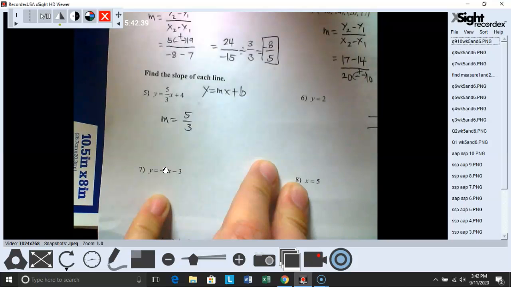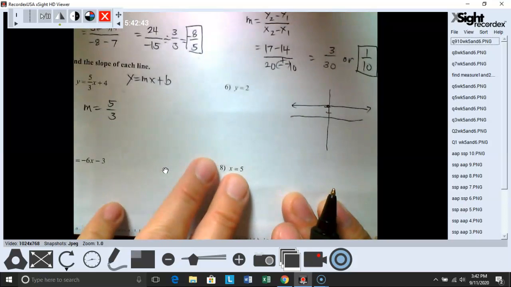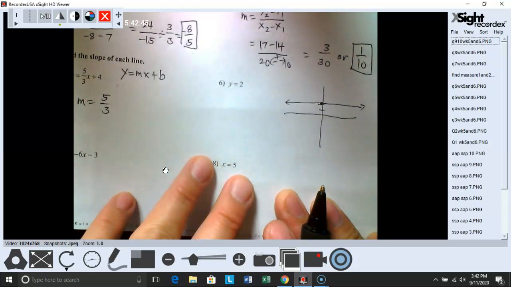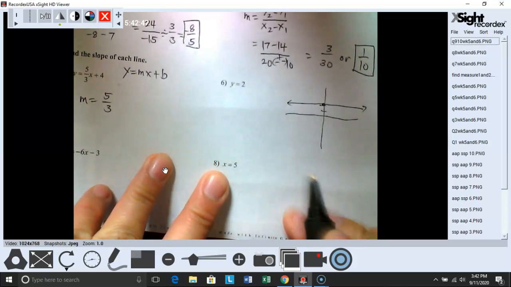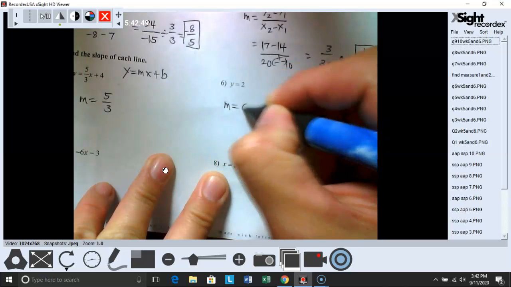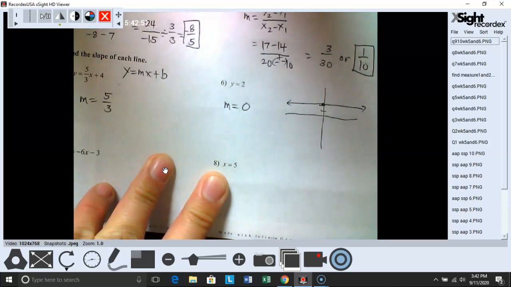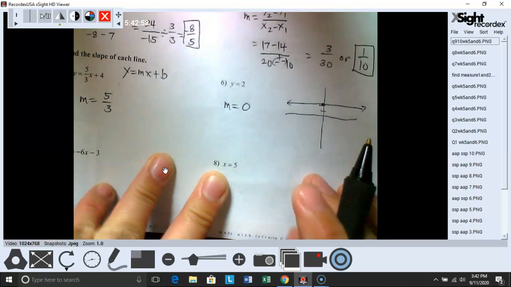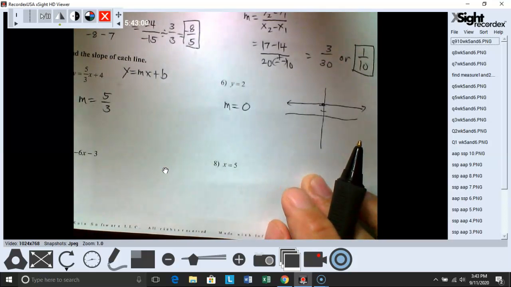So your line will look like that. It's a horizontal line. Therefore, we don't have a slope. Our slope is flat. It's 0. Okay. So all horizontal lines, your slope is 0.